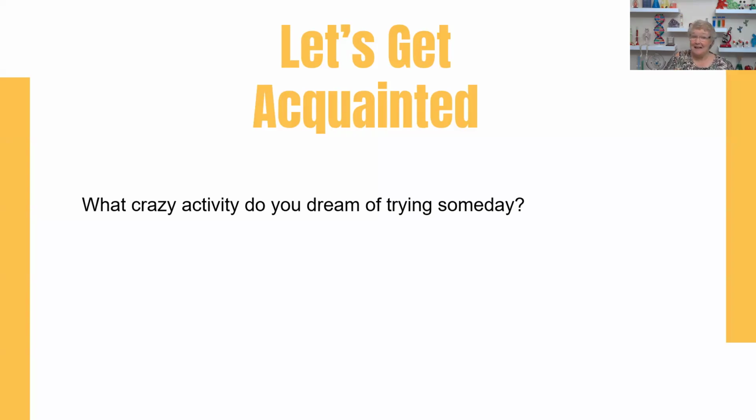Bethany doesn't want to try anything crazy. You want to just live a stable life, right? No risks. Deep water diving. Yeah, you got to be careful with that deep water diving. Come up slowly.